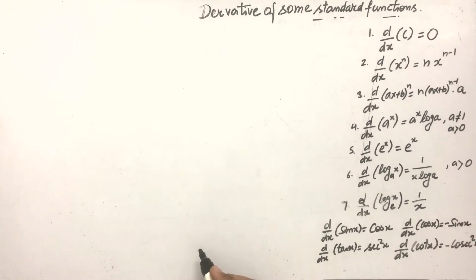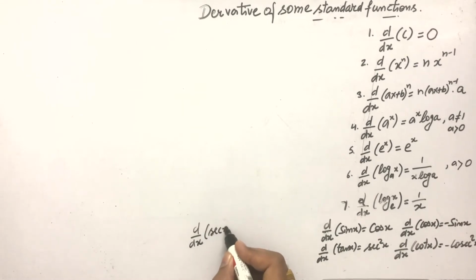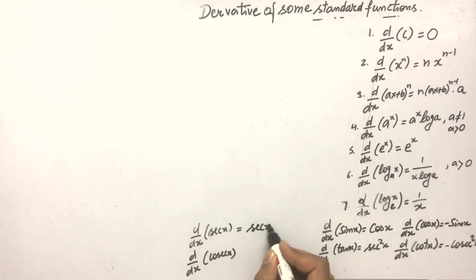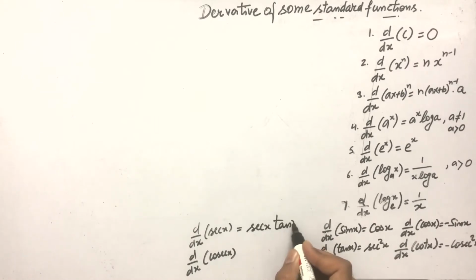Let me write them here. Dy by dx of secant x and dy by dx of cosecant x. And here the formula is secant x tan x, and this is minus cosecant x cot x.